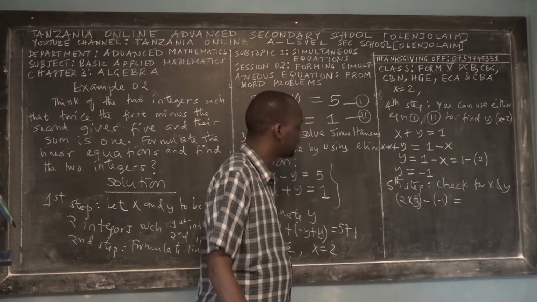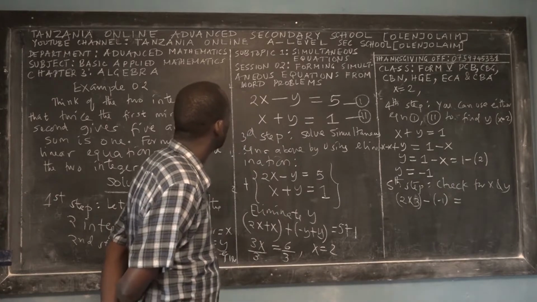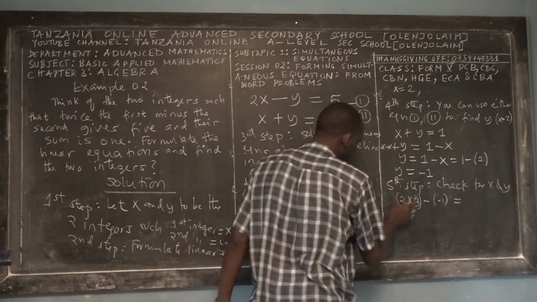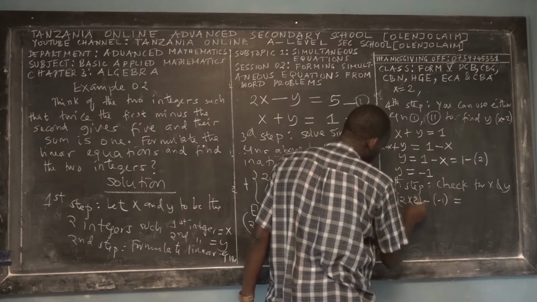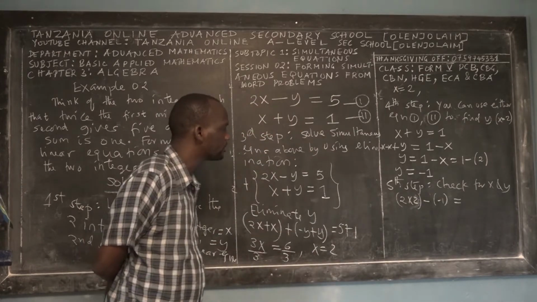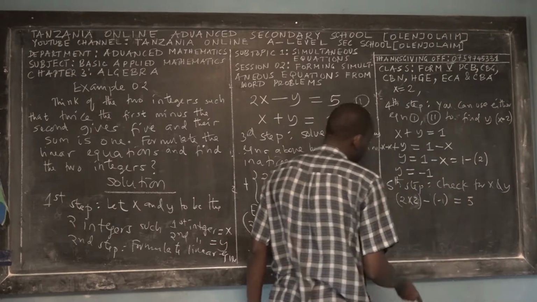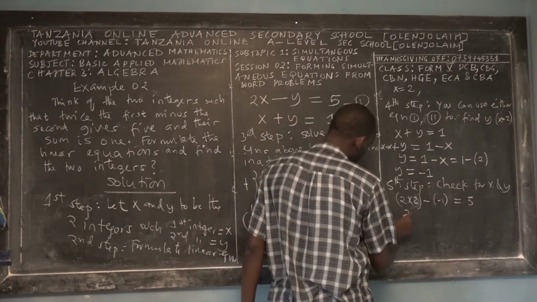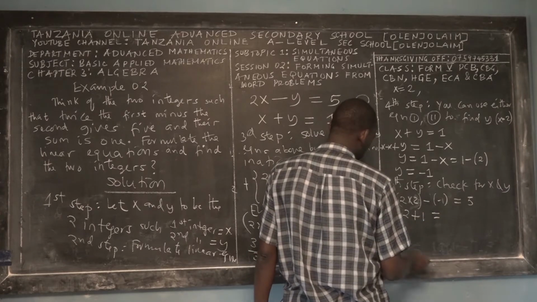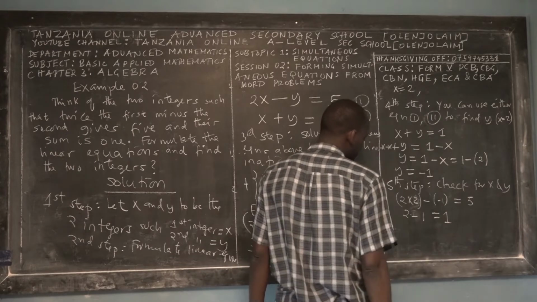So 2 times 2 is 4. Negative, negative 1 is equal to 1. So 4 plus 1 is equal to 5. Then we have again x is equal to 2 plus... Is the answer equal to, no, minus 1? Is the answer equal to 1? Yes.